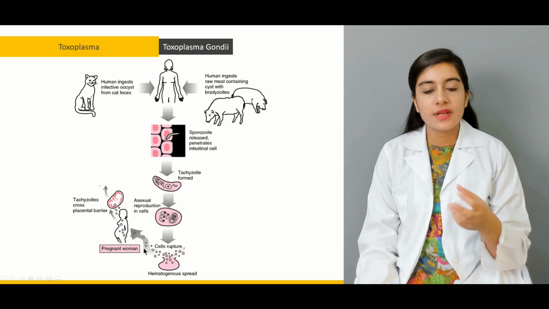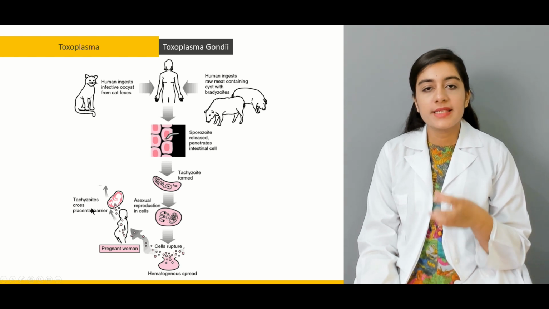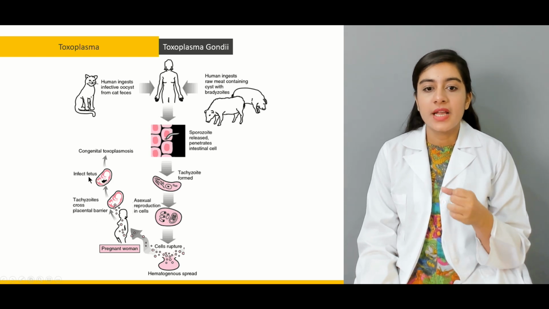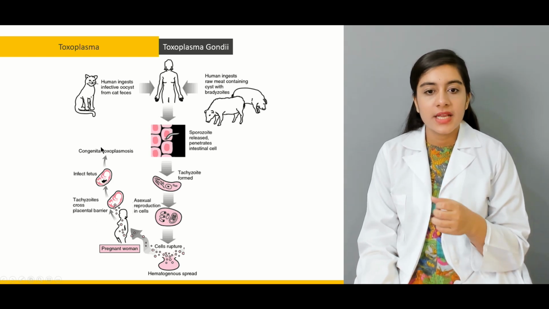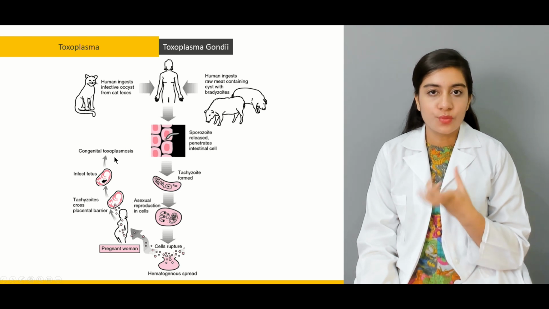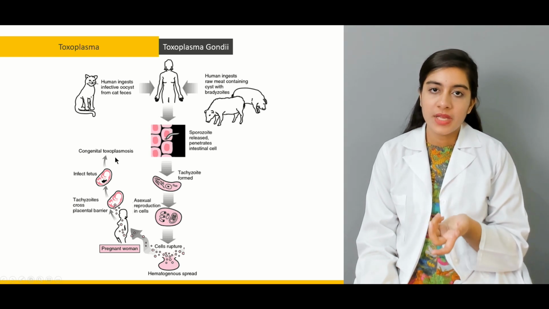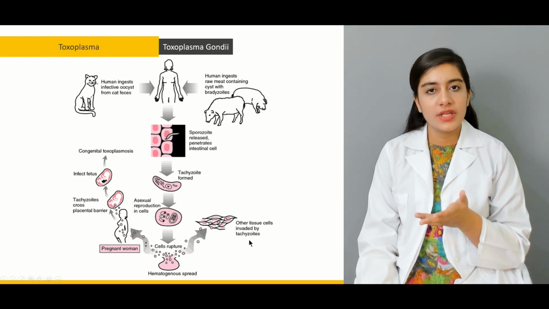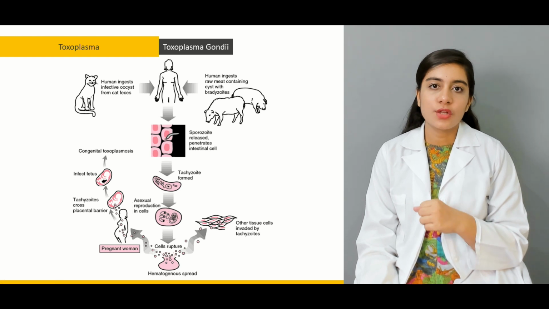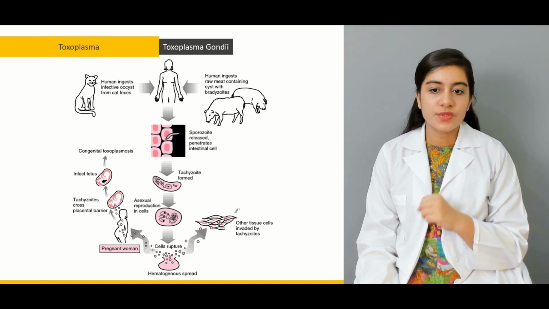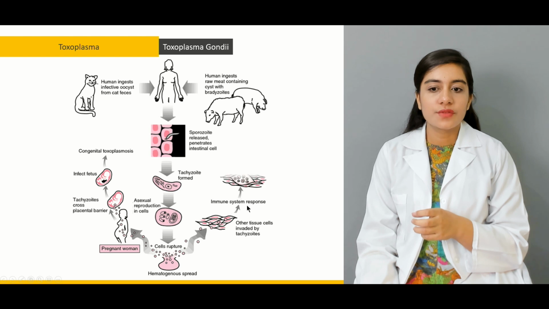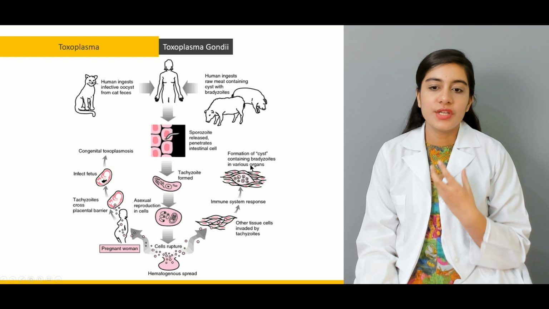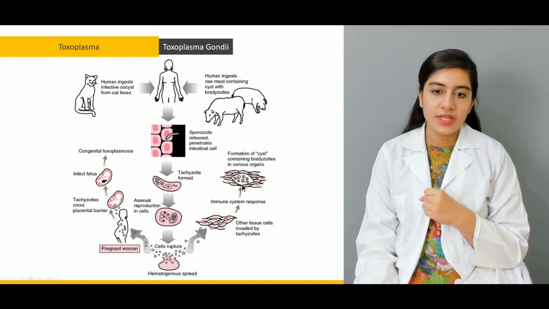Then what happens if the mother was pregnant? These tachyzoites usually cross the placenta and reach the infant. Now they infect the fetus, and congenital toxoplasmosis usually results from that. Other than that, they can enter into the musculature or the skeletal muscle of the mother and form cysts over there because of the immune response, and the cysts contain the bradyzoids in the various organs of the mother.